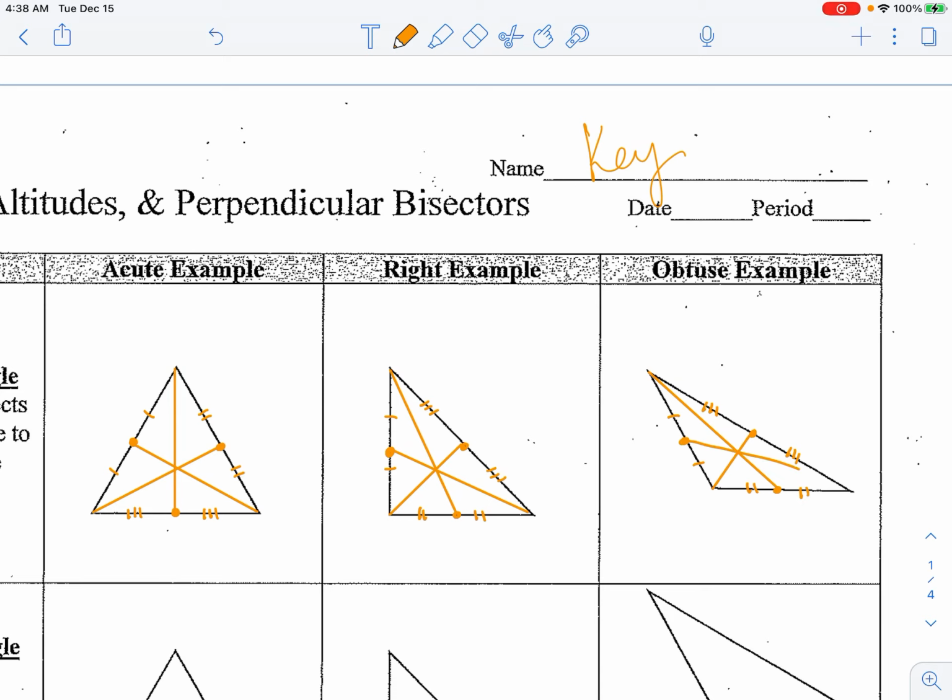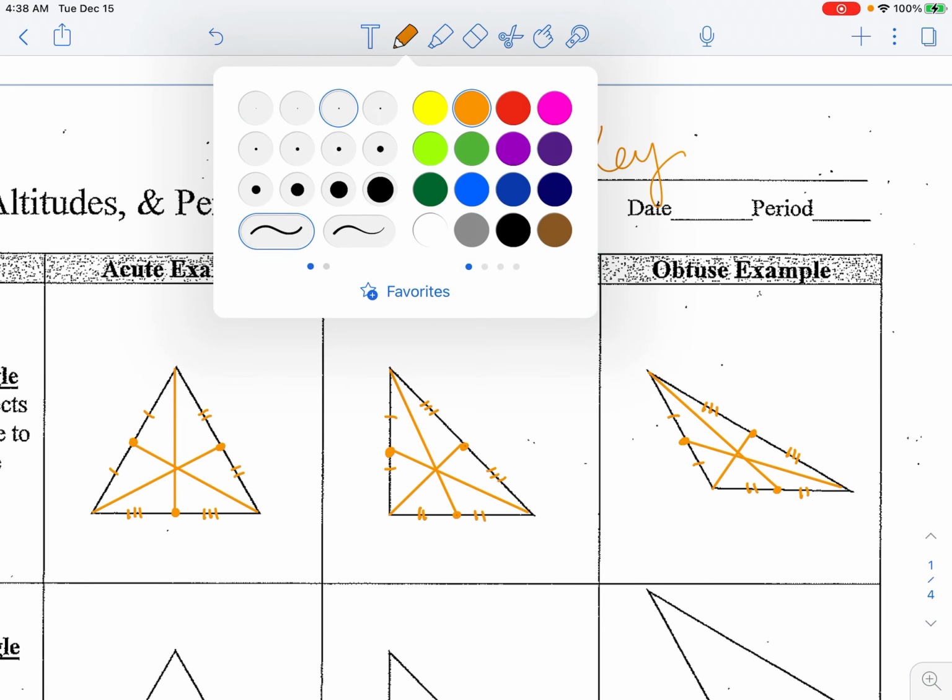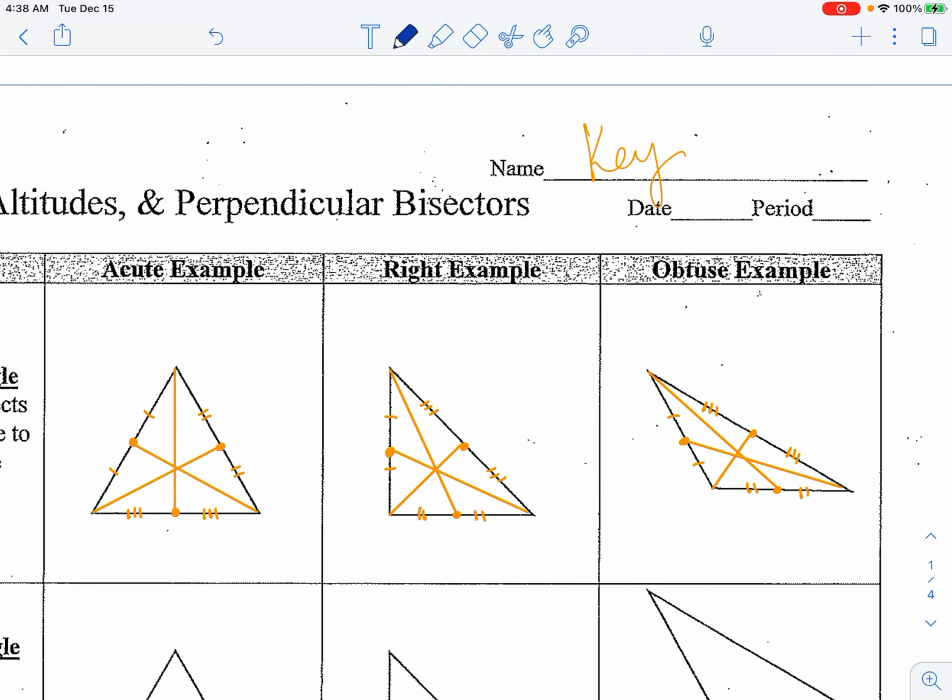All right, so what's happening in all of these pictures? Again, kind of pretending like my picture is perfect and looks nice and I measured and everything. Well, all of these meet at a point, and that point has a special name. I'm going to kind of fudge that obtuse one a little. This point is called the centroid.